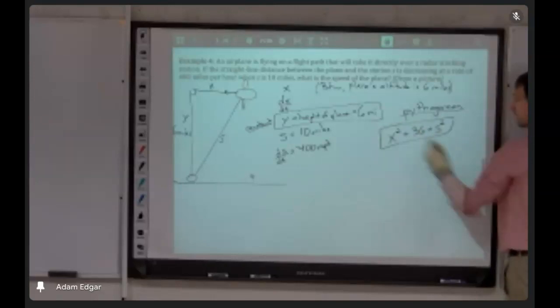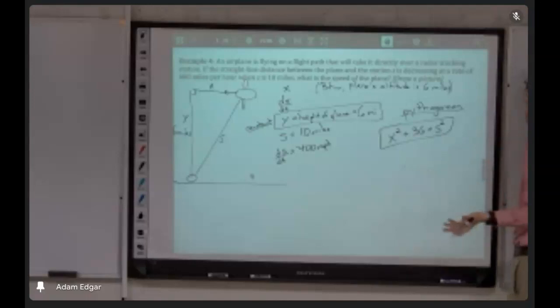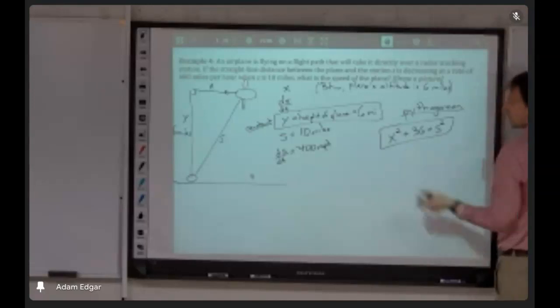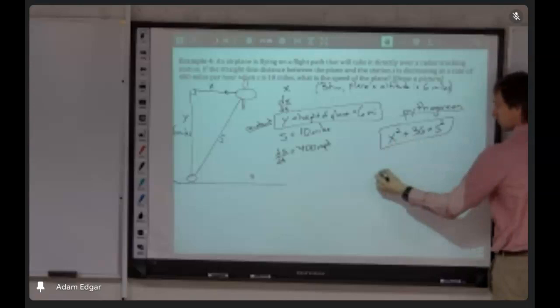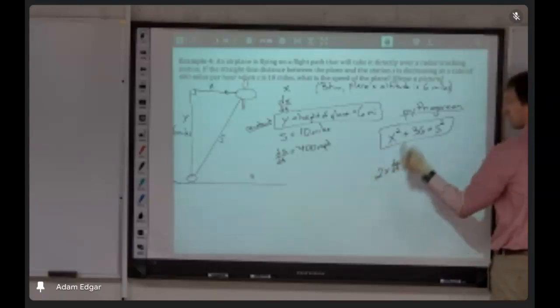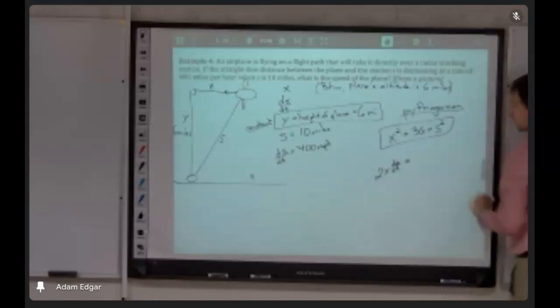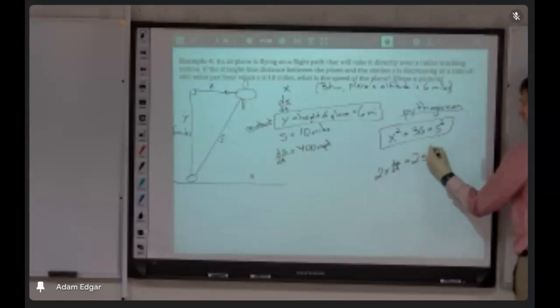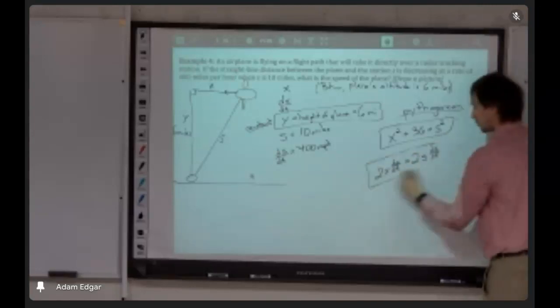And then what do we do with that? Differentiate. So you take the derivative of this. What's the derivative of x squared? 2x dx dt. What's the derivative of 36? 0, it goes poof. What's the derivative of s squared? 2s ds dt.